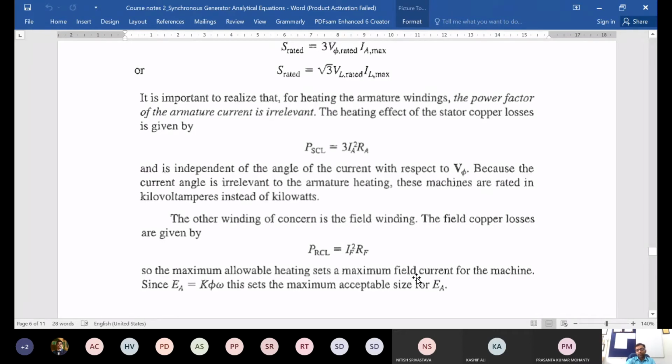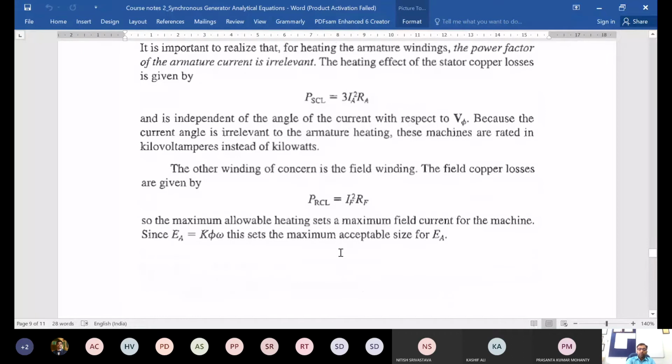As we discussed in the last class, if you recall, we looked at a phasor diagram and saw that the angular relationship between the generated EMF, the terminal voltage, and the armature current is also important.